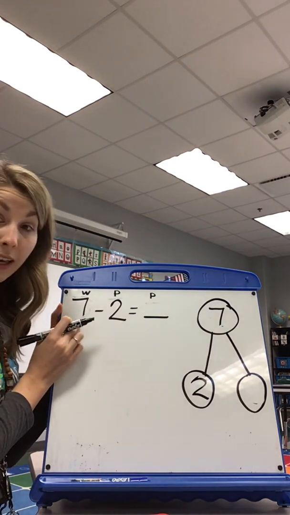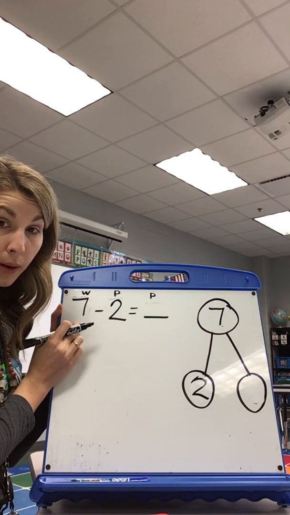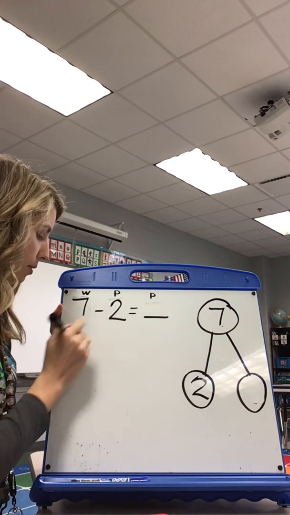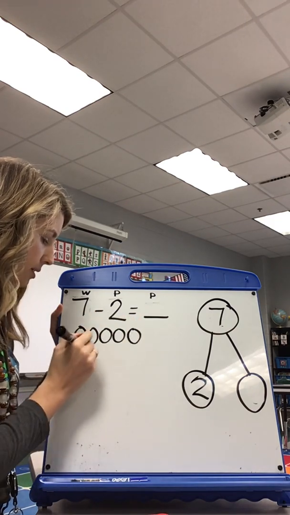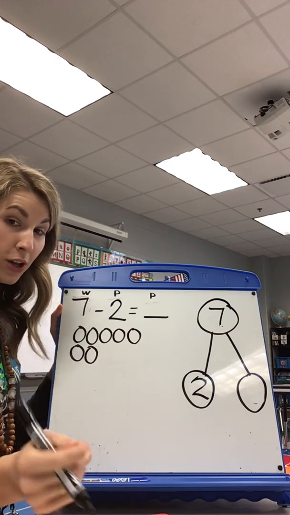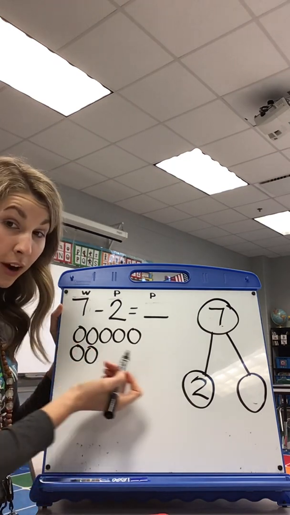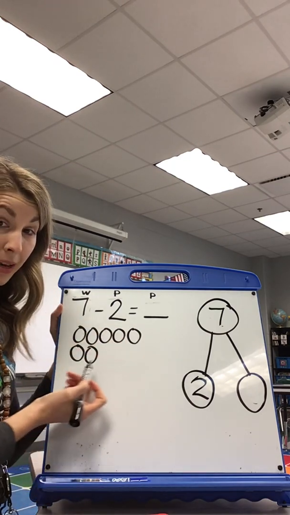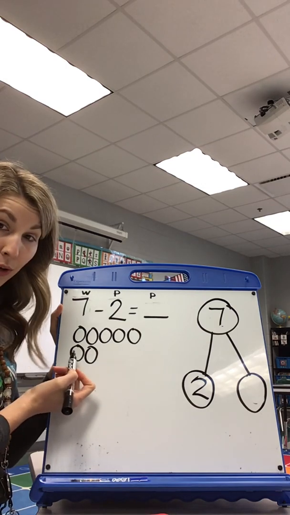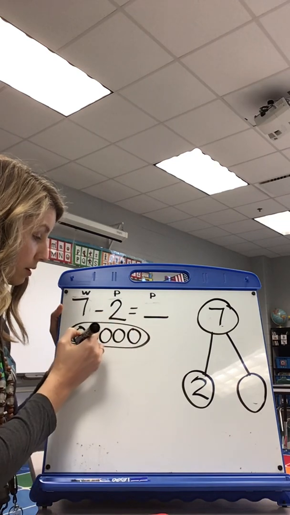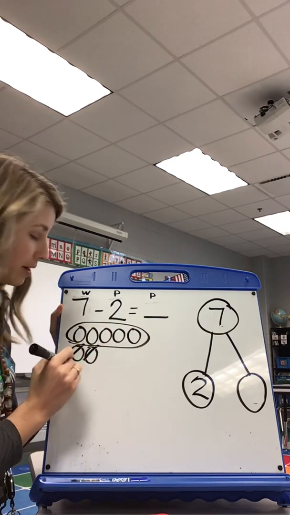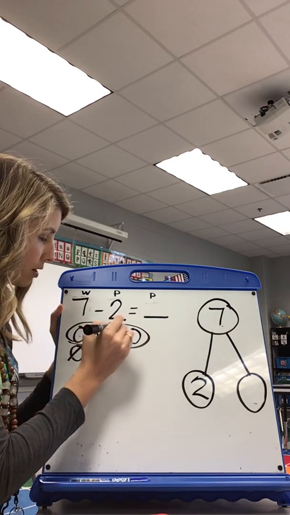So we're taking away today from the whole number, so draw it out. 1, 2, 3, 4, 5, 6, 7. Take away 2, and since it looks like it's in a tens frame, it's so easy to see the 2 down here. 1, 2. What's left? 5 on top, but let's count it to make sure. 1, 2, 3, 4, 5.